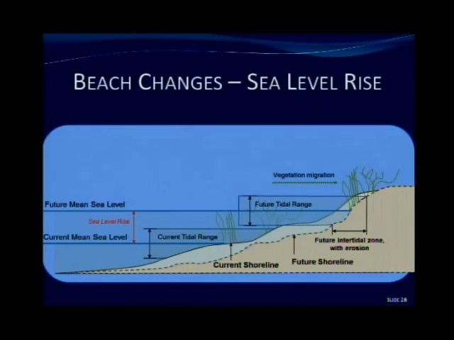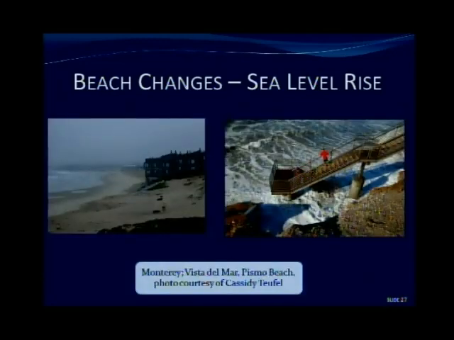With sea level rise, in theory, the beach will just move inland and up. That's what would happen under an equilibrium system. But often we don't have that. We have interruptions to the equilibrium system, and so that equilibrium beach can be truncated by structures, by armoring, that will interfere with the way the beach should behave in that ideal situation.